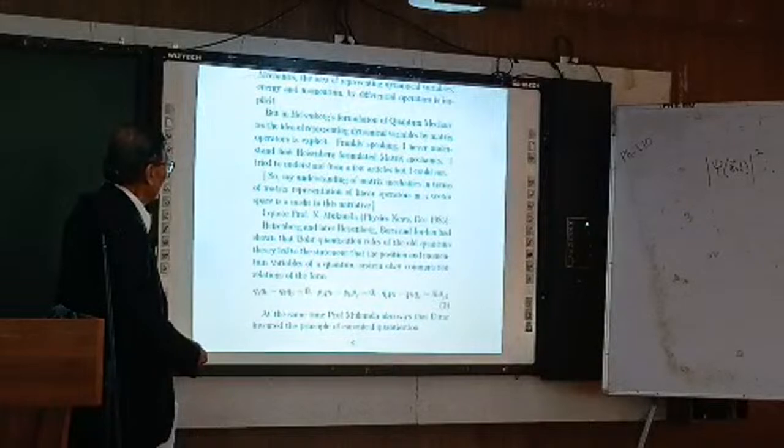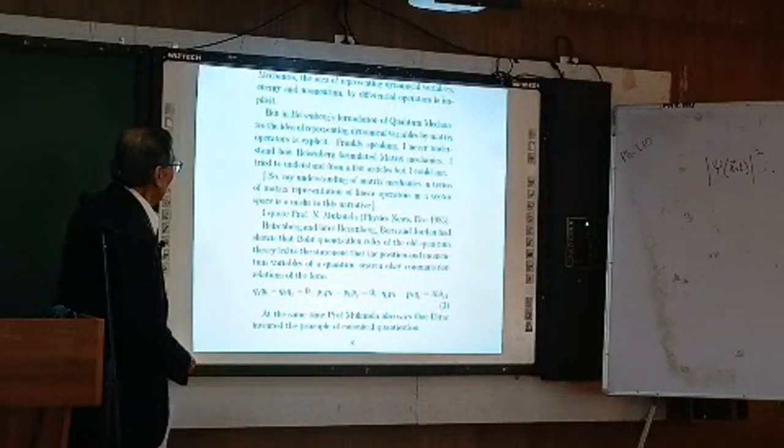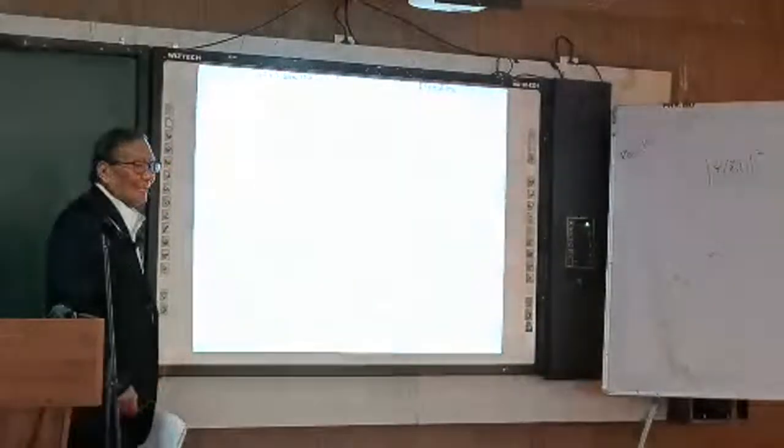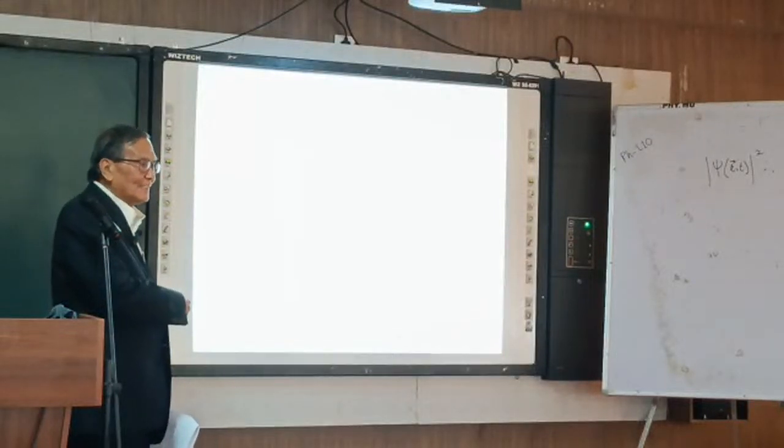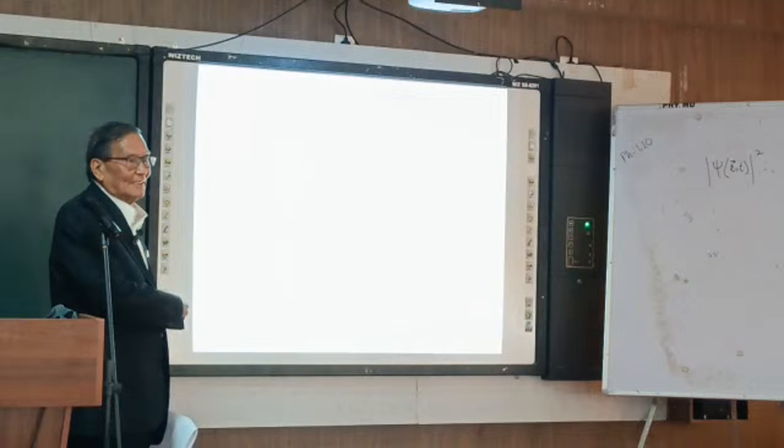In other words, Qj pk minus pk Qj is equal to i hbar delta jk. And the reason I mention this here is that I never knew how Heisenberg arrived at these commutation relations.